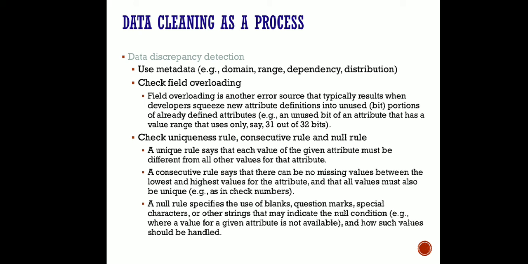Okay. Then check uniqueness rule, consecutive rule, and null rule. Three rules are there. What is the unique rule? Each value of the given attribute must be different from all other values of that attribute. This may not always work, because say we are concentrating on a name field, two persons may have the same name. But this is one of the techniques to find discrepancy.